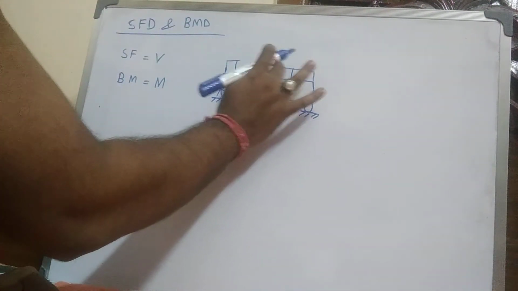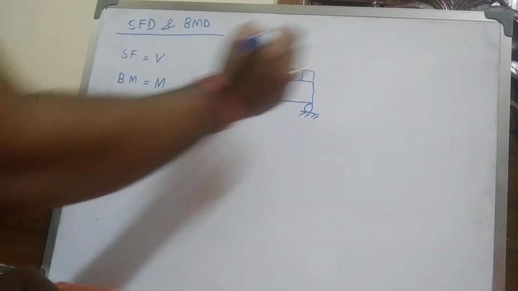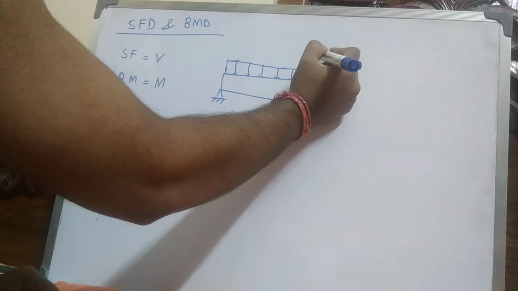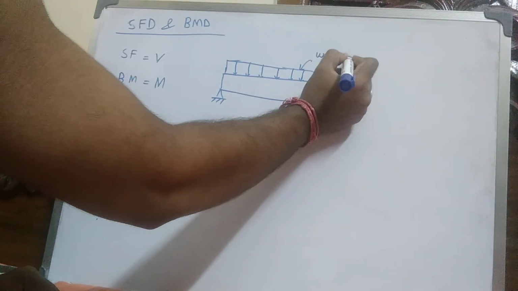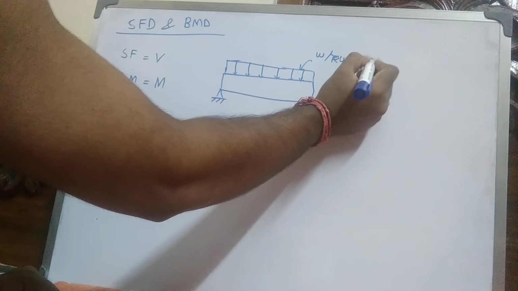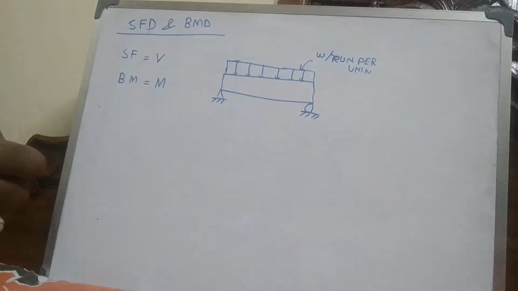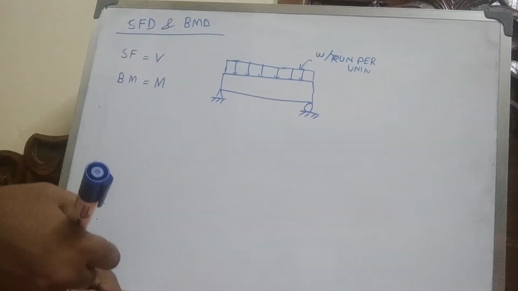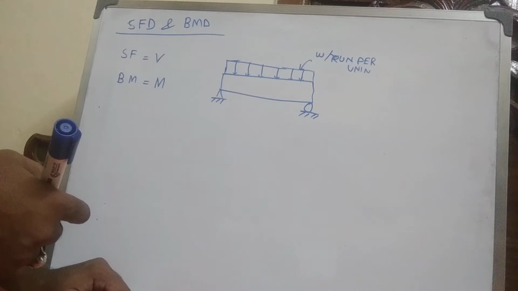This is a straight line. This is the intensity of load, w per unit run.